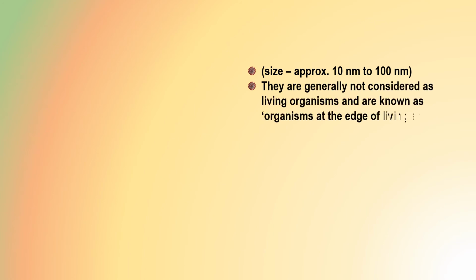Coming to now a very tiny microorganism, approximately 10 nanometers to 100 nanometers. They are generally not considered as living organisms and are known as organisms at the edge of living and non-living. They are not considered living and they don't know where to put them, whether in the living or in non-living.